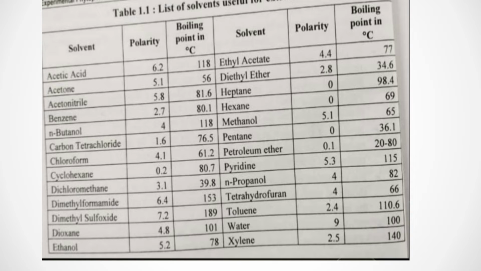So these are some solvents which are used in the extraction process, which totally depends on the polarity of the drug. Like dissolves like is the principle on which the extraction is carried out.